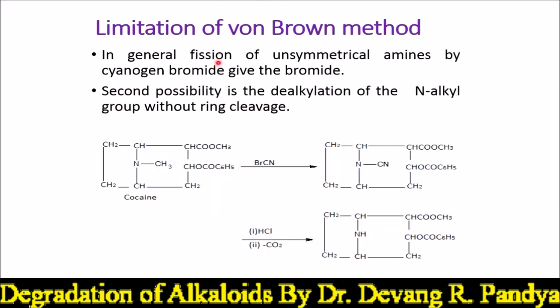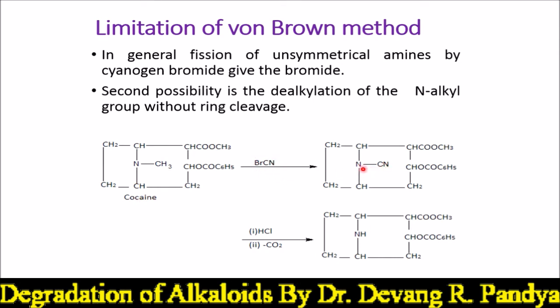A limitation of this von Braun method is that in general, fission of unsymmetrical amines by cyanogen bromide gives the bromide. The second possibility is the dealkylation of an alkyl group without the ring cleavage. We have cocaine. Cocaine is treated with cyanogen bromide.